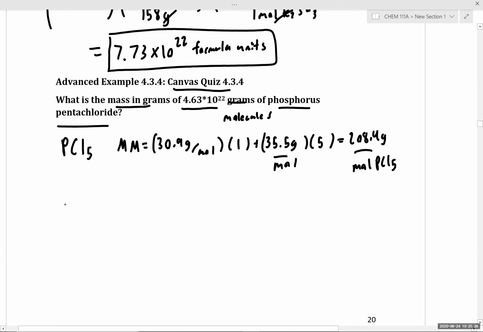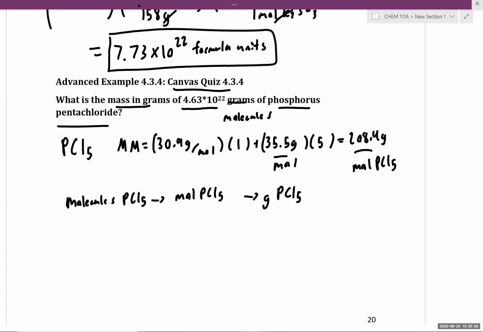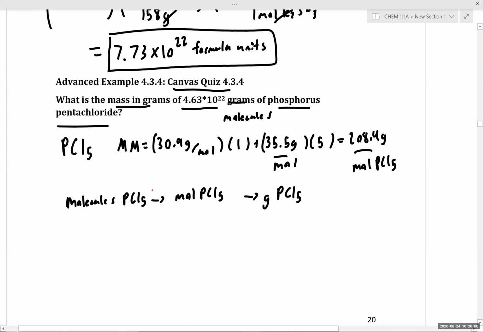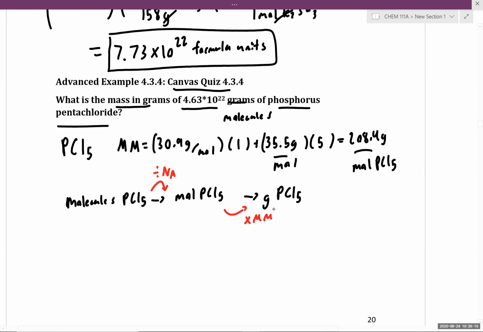Now we're going from molecules of phosphorus pentachloride, and we're trying to calculate the grams of phosphorus pentachloride. We're going to go through moles of phosphorus pentachloride. To go from molecules to moles, we're going to divide by Avogadro's number, and to go from moles to grams, we're going to multiply by the molar mass.